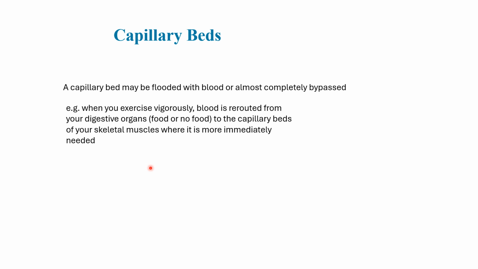So the arterioles present in the muscles dilate and more blood is sent there, whereas the arterioles present in the digestive system constrict, so less blood goes to the intestine. And vice versa, when I eat a big meal, the arterioles in my intestines increase the blood flow in the capillary bed, whereas other organs, for example my muscles, don't receive that much blood at that time.